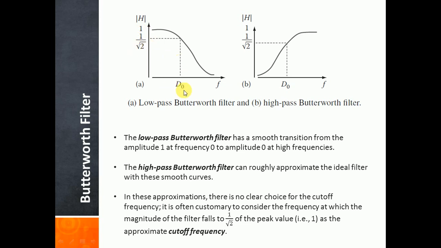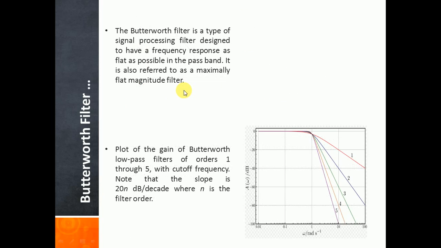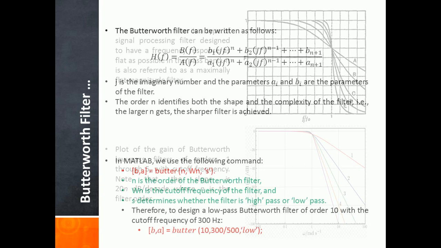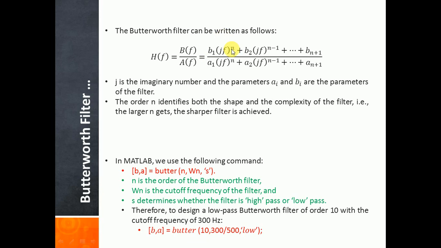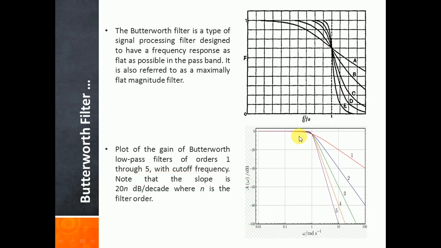Now Butterworth filters are made by this equation. It depends on the order, so you can complicate it, and the more terms you use, the better the response. For instance, you can see if the order is 1, it slopes slowly, but if the order is higher it slopes down much quicker.